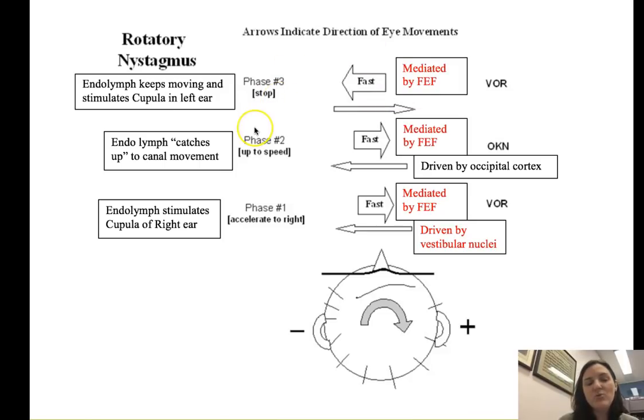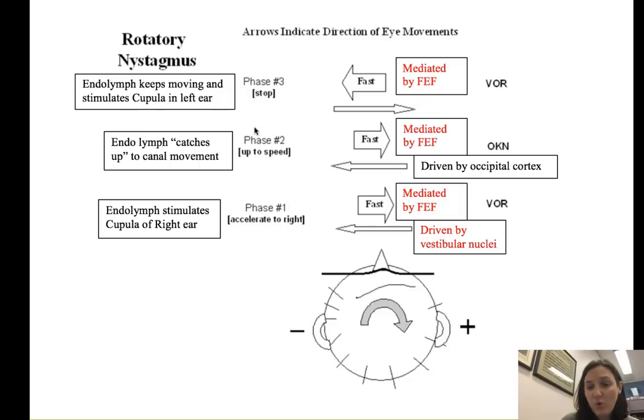Okay, so this is just a very characteristic example of the interplay between the nuclei and the occipital cortex and the frontal eye fields, and in particular VOR and OKN. And you use all of these functions in order to navigate through a world in which you're moving your head at all times.